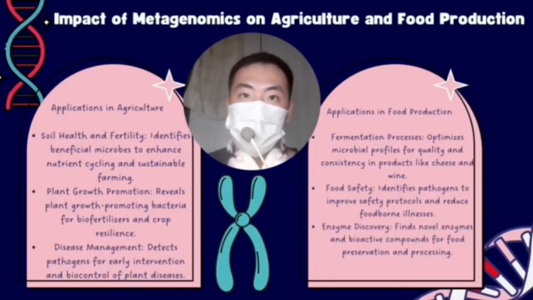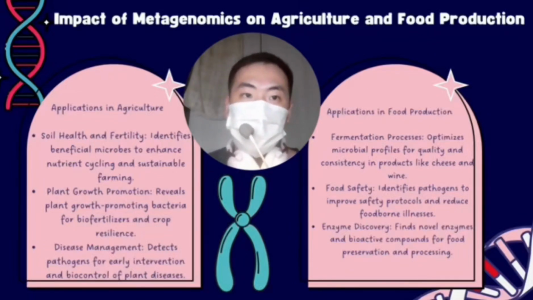implementation of biocontrol strategies. In food production, metagenomics optimizes the fermentation process of products such as cheese, yogurt, and wine, ensuring high quality and consistency. It enhances food safety and reduces foodborne risks by identifying spoilage organisms and pathogens.